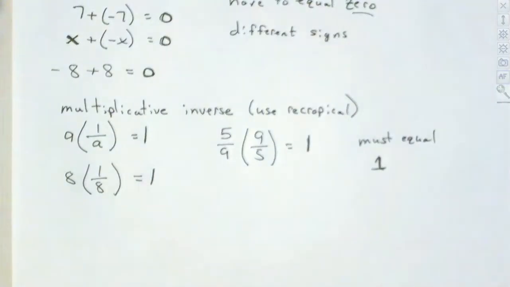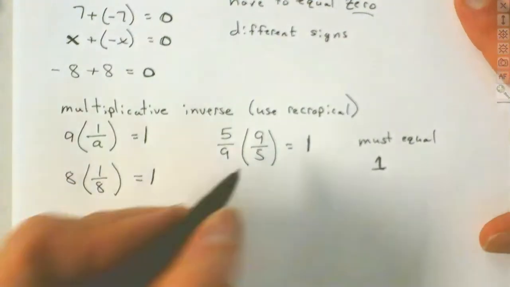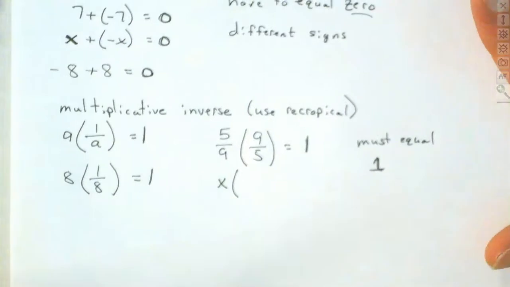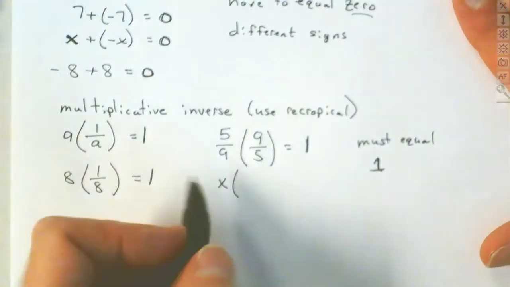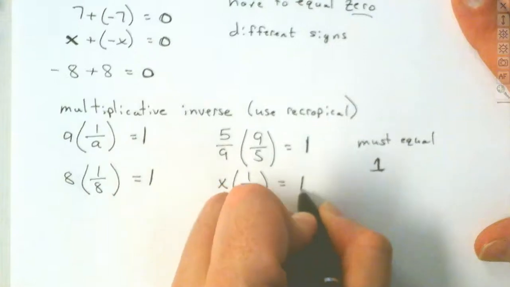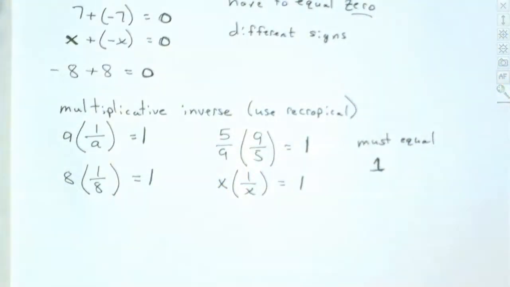The multiplicative one works with the reciprocals. We could even use a variable. The multiplicative inverse of x would be 1 over x, right? Because those come out to give you 1. These are called inverses. So either it's the opposite in the sign for the additive inverse, or you flip it over for the multiplicative one.